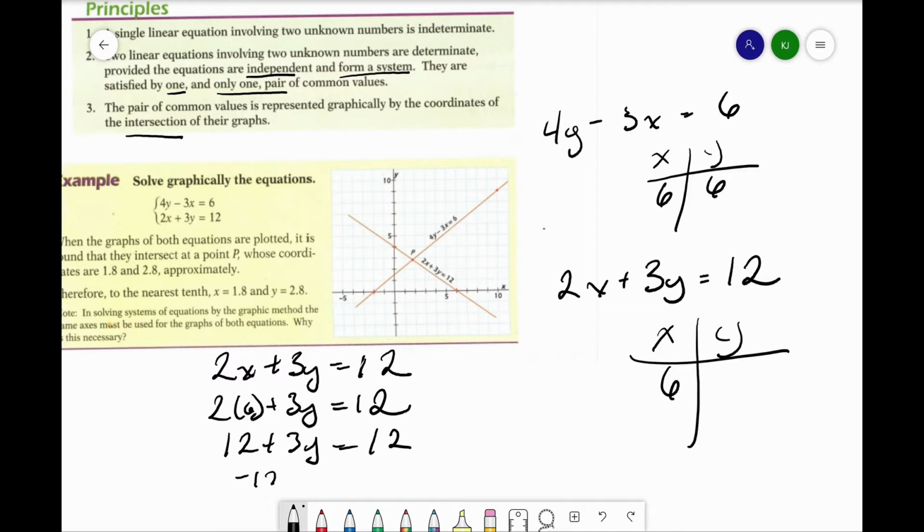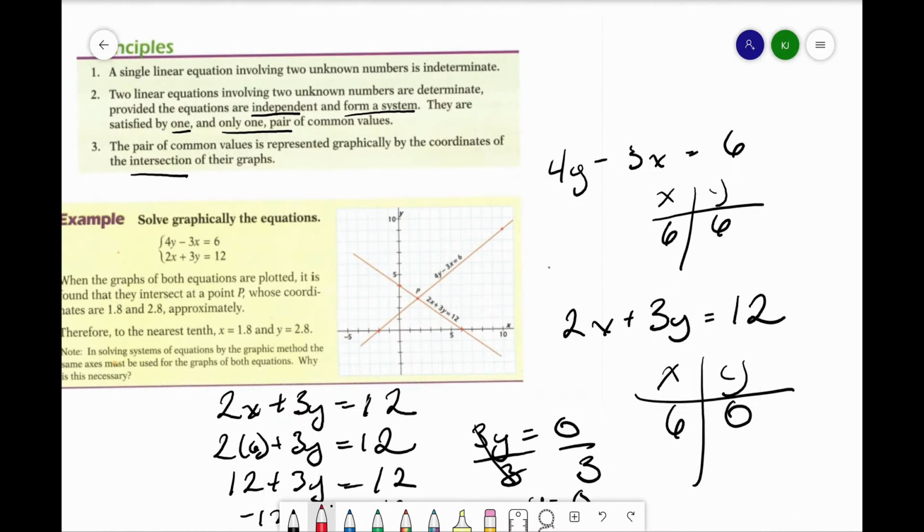Subtract 12 from both sides. You end up with 3y equals 0. Divide both sides by 3. You get y equals 0. And we can see the proof of that in our plots, where you go 6, 6 and 6, 0. There are 2 of our plot points here.